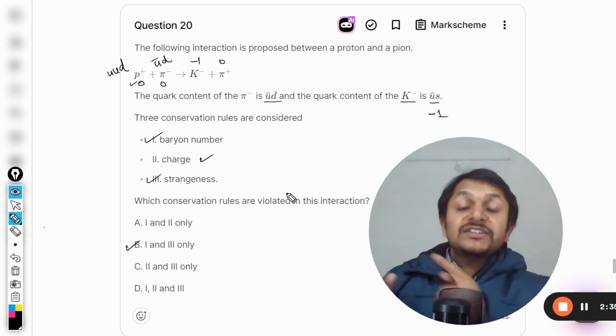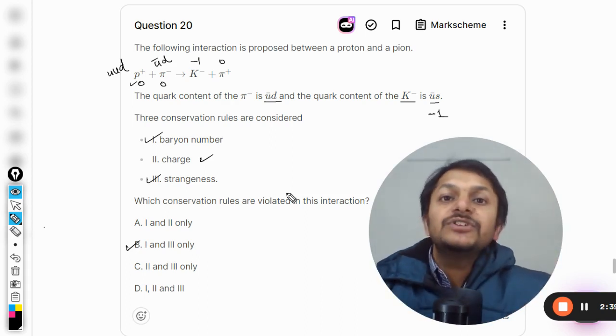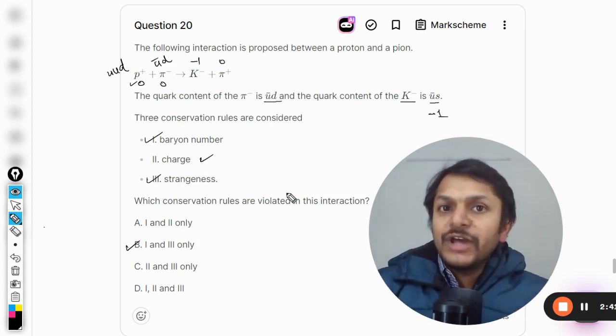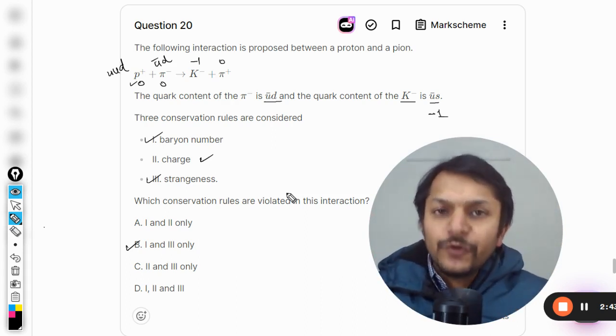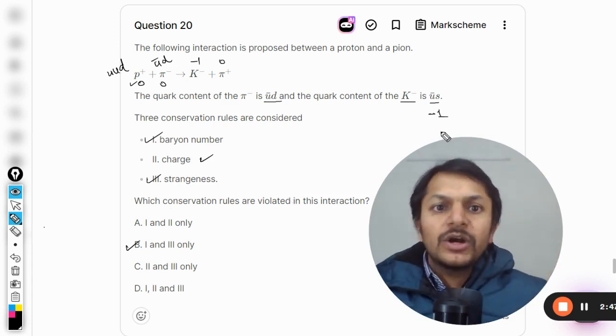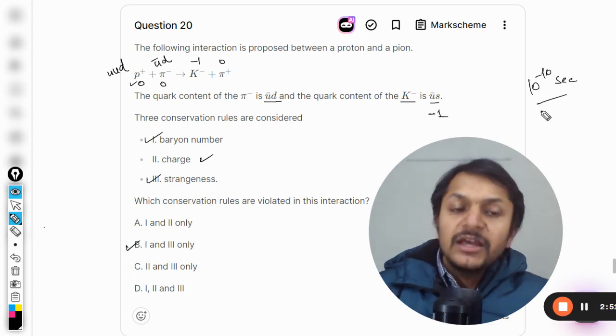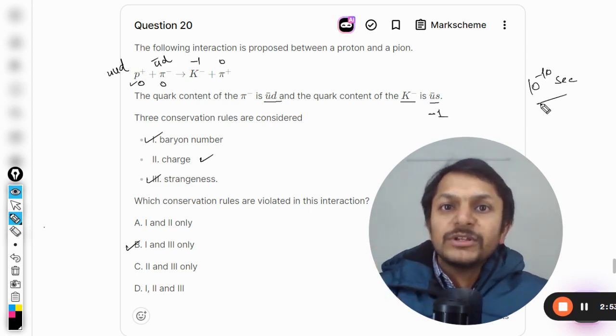Even when the strangeness is violated, the reaction is possible, but it becomes a weak reaction. So it takes more time, and so the weaker nuclear force interaction is taking place there. So the reaction rate becomes slower. It takes nearly 10 raised to the negative 10 seconds or something, but the reaction is still possible.